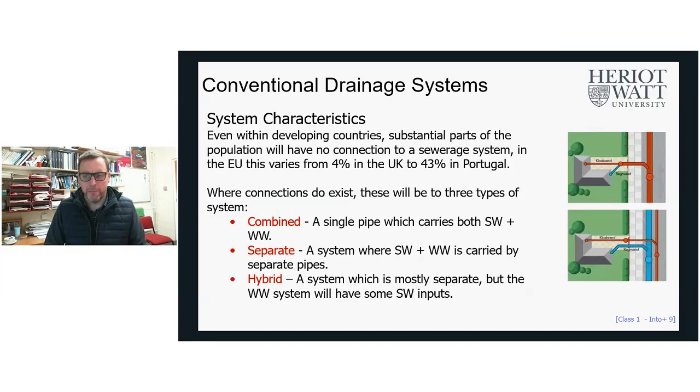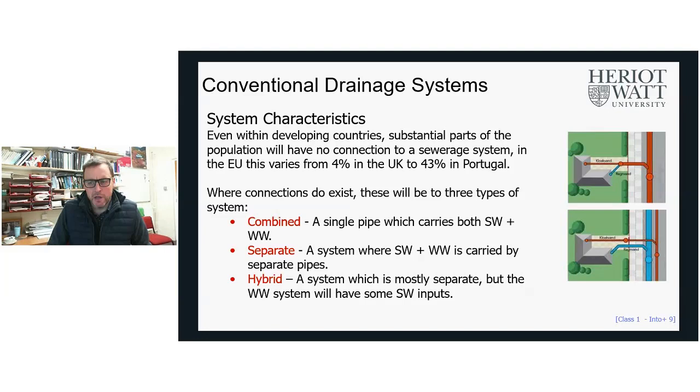Then you have a separate pipe which connects your roof, your drive, your footpath, the path outside your house, and the road. That's a surface water pipe, and all those flows go in that pipe along with those of all your neighbours, etc. And that pipe tends to take the flows to the nearest watercourse. So that might be a nearby river, etc. So that's a separate system.